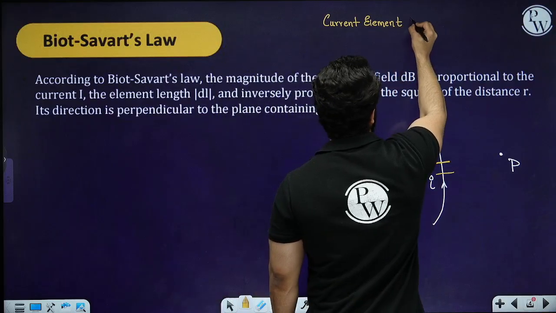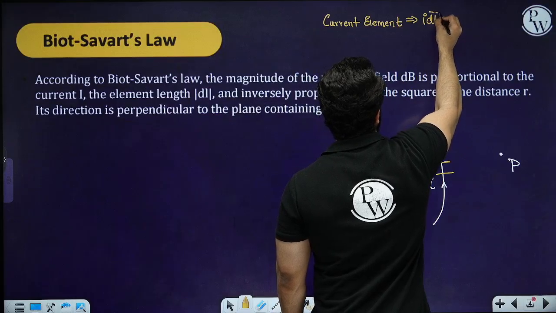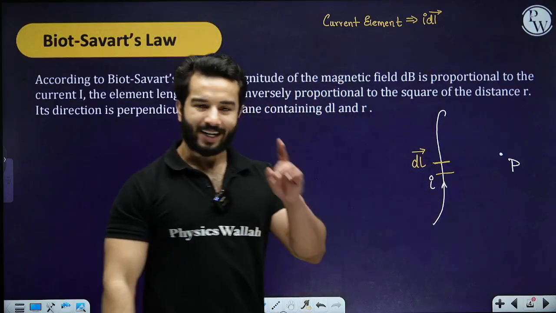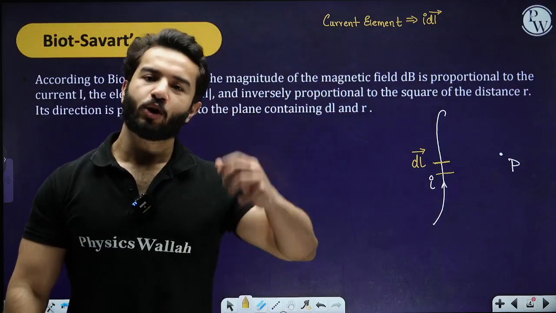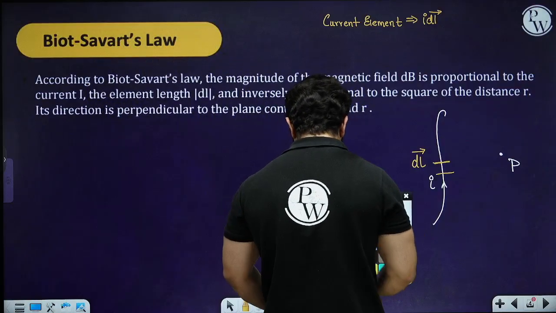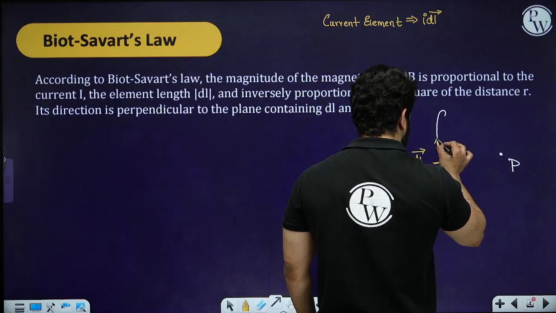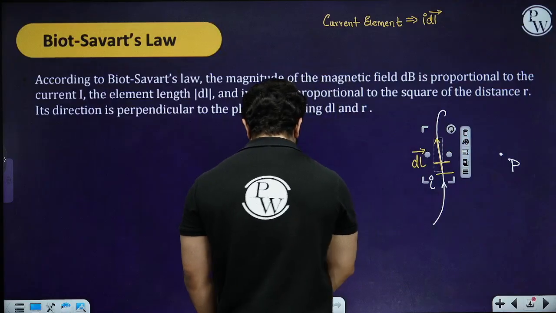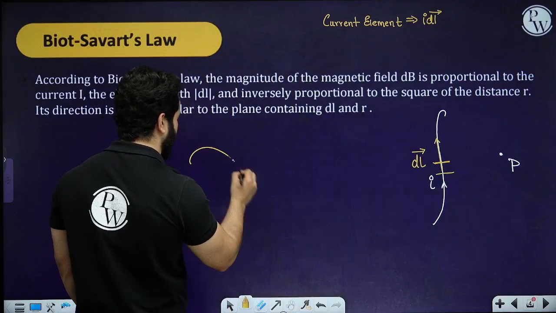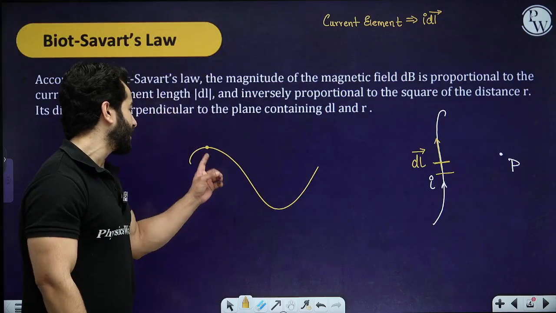So current element is actually nothing. It is just I times dl. It is a vector quantity. What is going to be the direction of this vector quantity, sir? The direction is very simple. It's going to be just along the direction of current at that given point. So let's suppose you have got a wire something like this and you want to know the direction of the current element at this point.